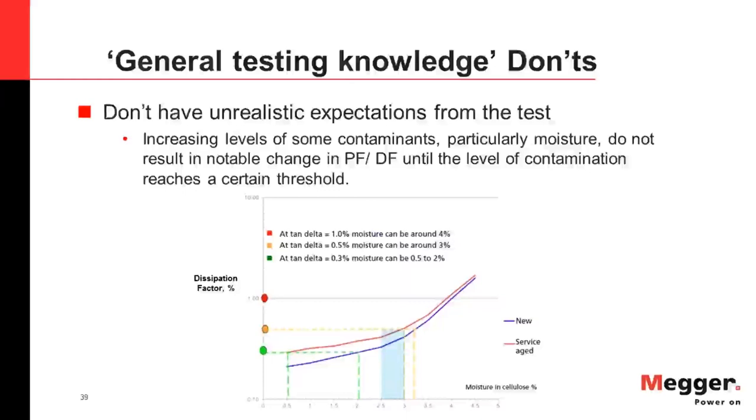So for example, if you look at the green dot, a dissipation factor of 0.3% is obtained for moisture content of 0.5% if you were dealing with a service age transformer. If you keep following that green dot to the right, it indicates that same 0.3% all the way up to 2% moisture content for the new transformer.